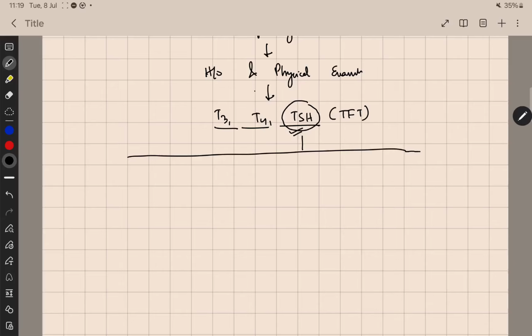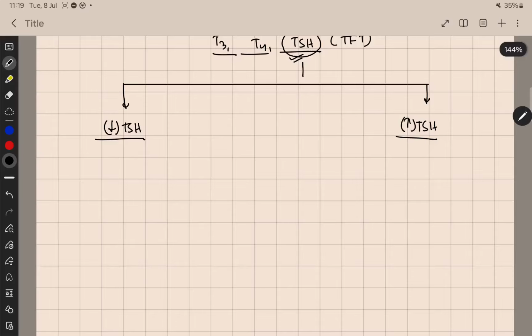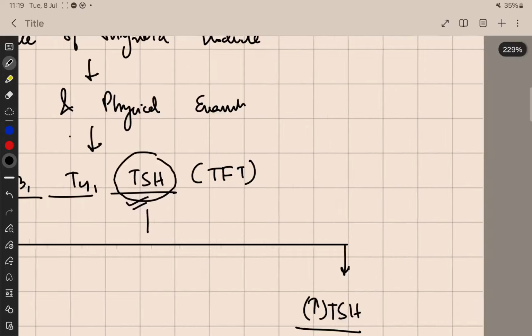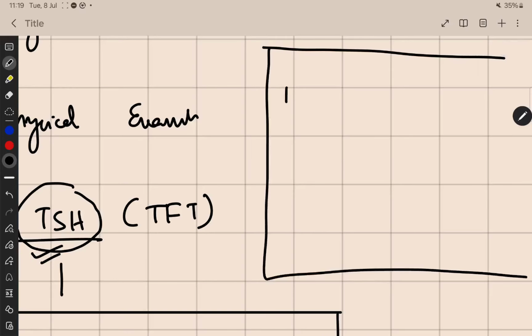TSH can be either low or high. First I'll tell you the significance of T3, T4 and TSH. If T3 is low, T4 is low, but TSH is high, we call it hypothyroidism.